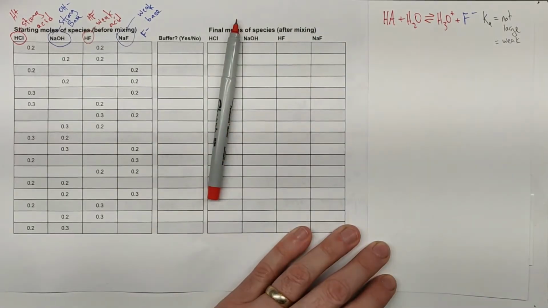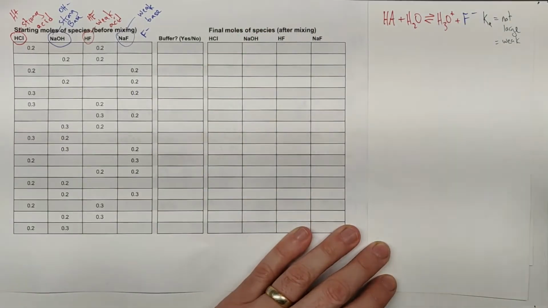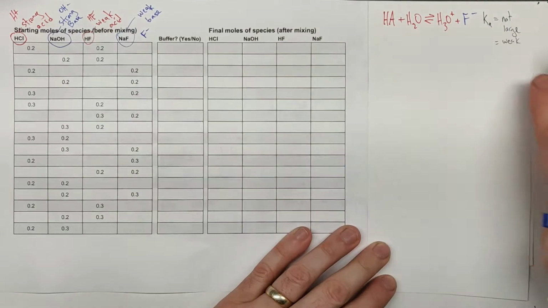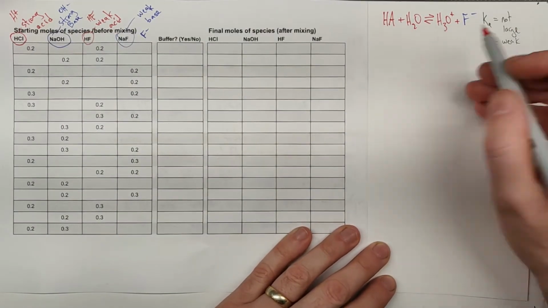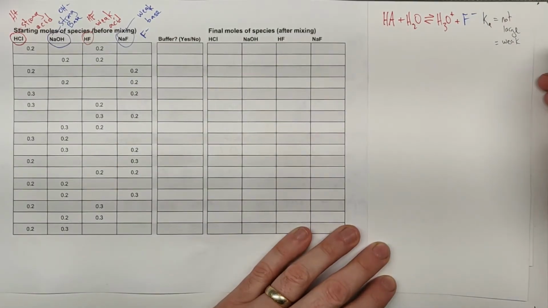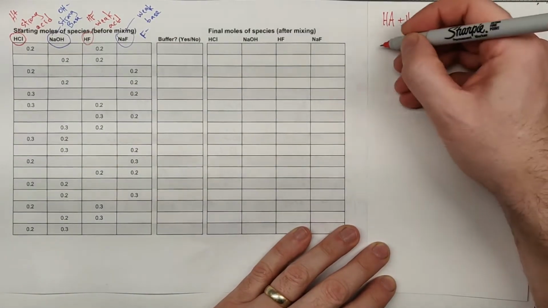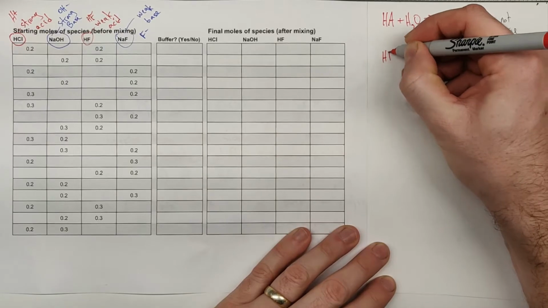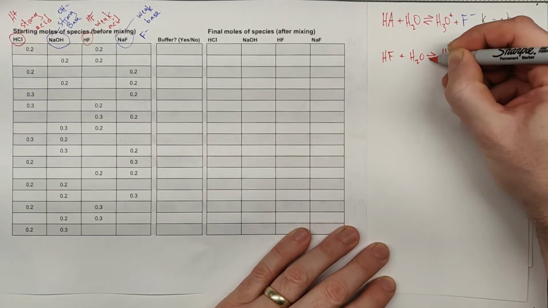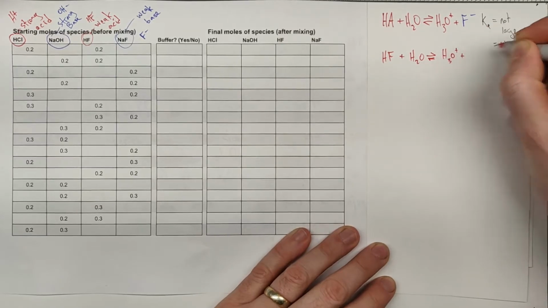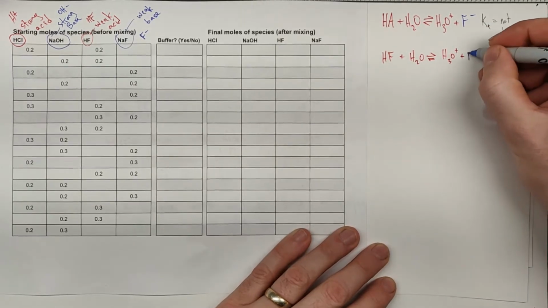In this specific example, the acid-base system we're going to work with is HF and F minus. And you may recall me saying that I choose that one all the time because it's the least writing I can do. HF just has two letters. So our specific system here is going to be HF and H2O, H3O plus, and our F minus.